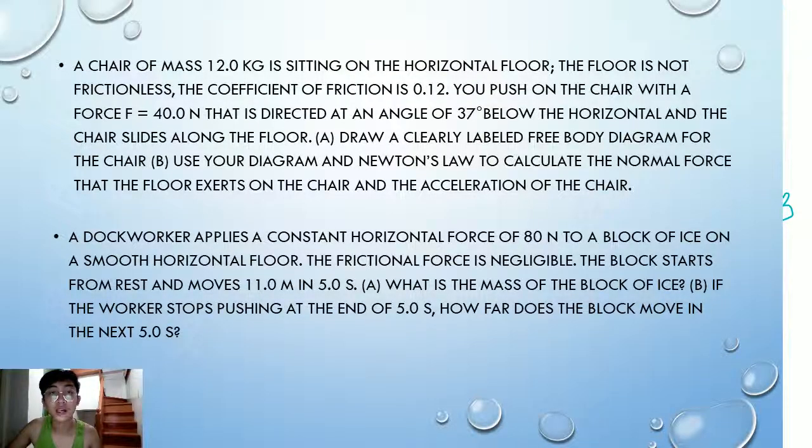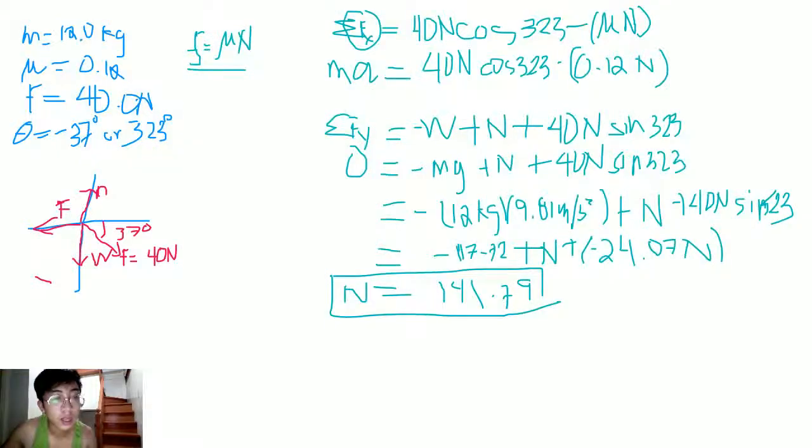Ayan, nasagot na natin yung una. Ngayon, acceleration na lang ating kulang. We can solve for acceleration using equation natin kanina. And we can solve this dahil ang kulang na lang natin dito is na-solve natin si normal force, meron tayong mass. So, si acceleration matitira dito. So, by getting that equation, meron tayong mass na 12 kg times A is equals to 40N cos 323.